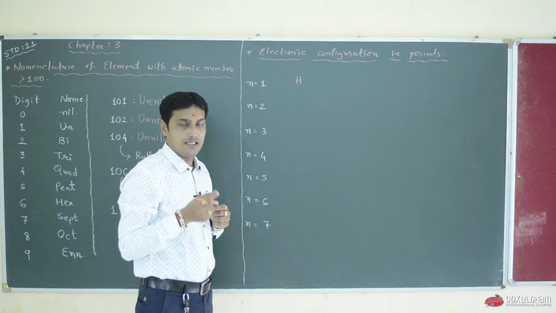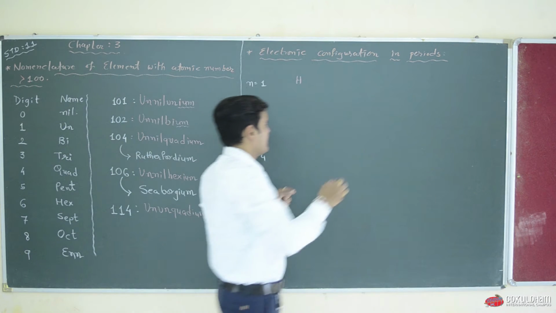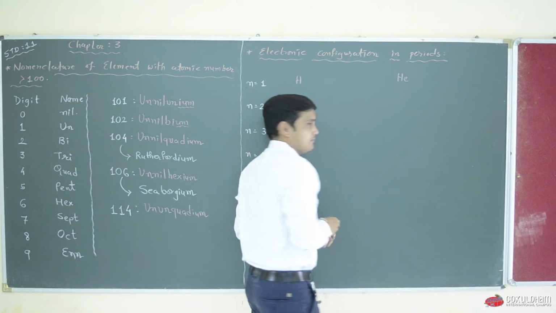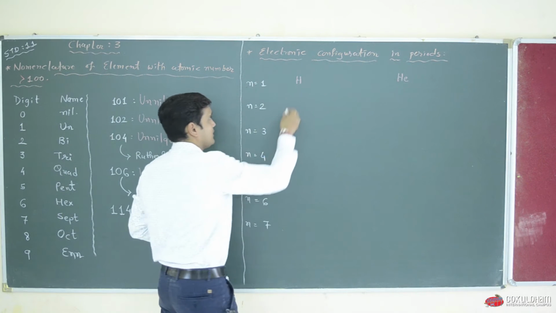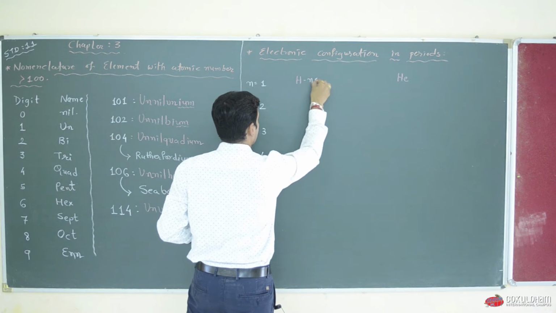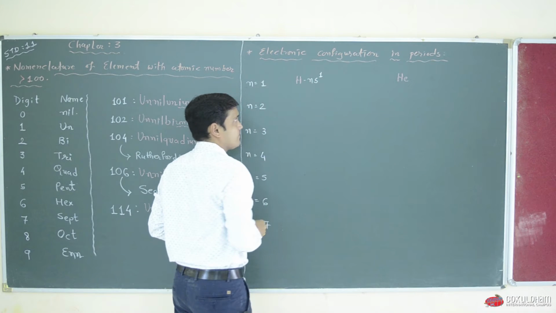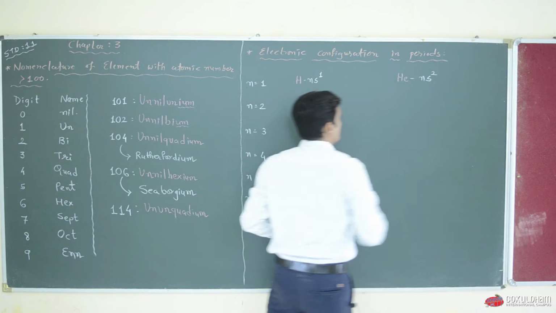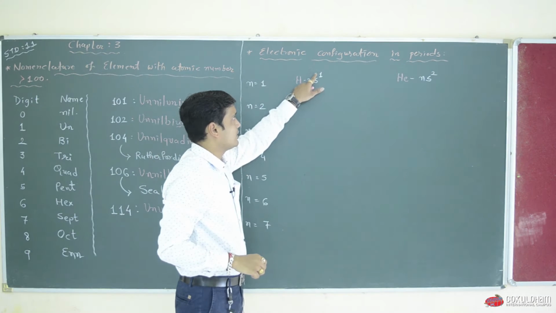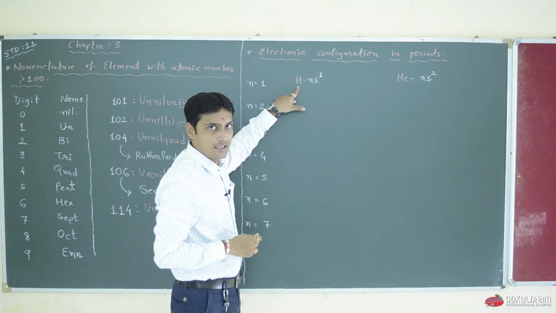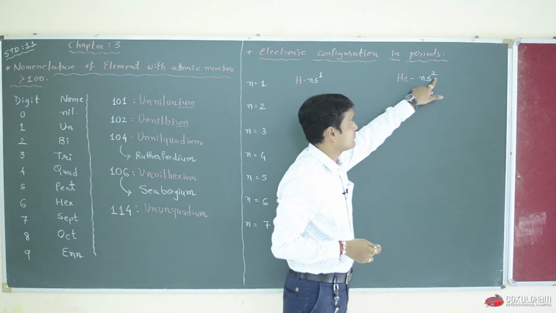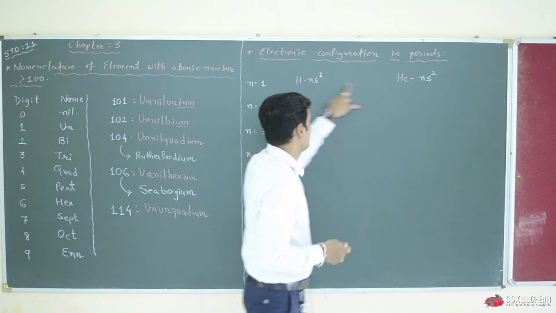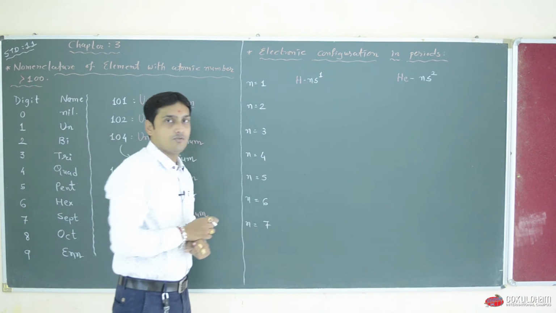First is hydrogen and the other one is helium. The common electronic configuration of hydrogen is ns1 and of helium is ns2, because 1s1 is the electronic configuration of hydrogen and 1s2 is that of helium. So this is the common n, putting in place of the number.